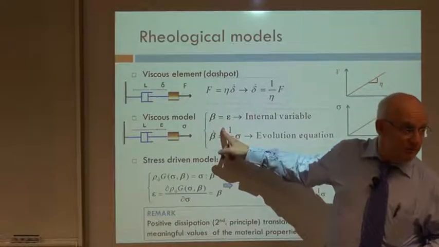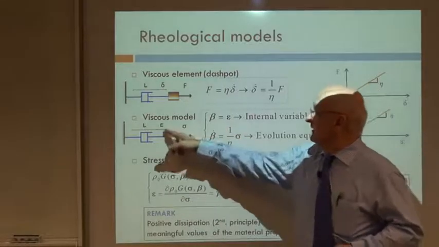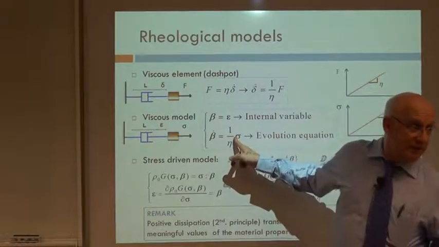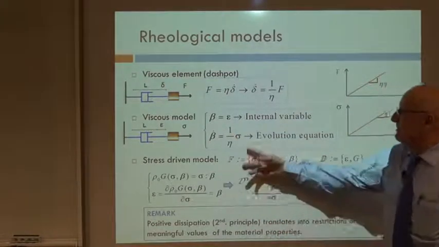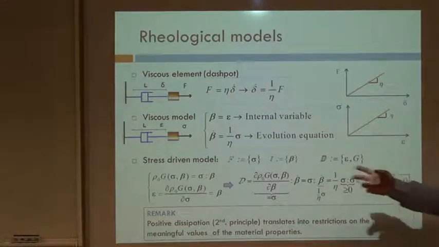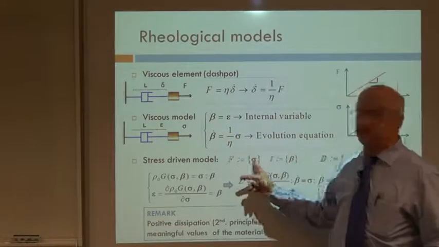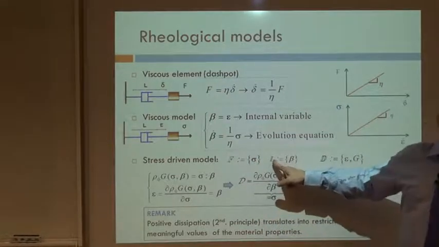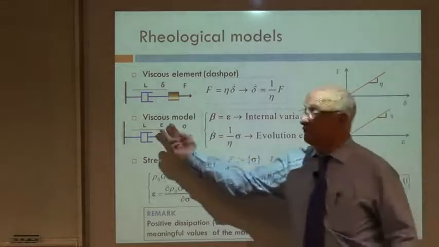An evolution equation that gives the evolution of the internal variable in terms of sigma, sigma being the free variable. So, in principle, the model in a stress-driven environment could be considered like that. Let's consider the stresses as the free variable. Let's consider an internal variable set, which is precisely the strains.